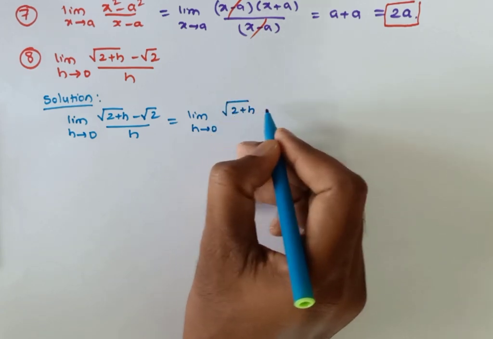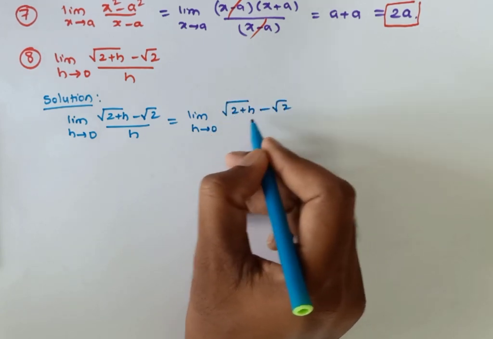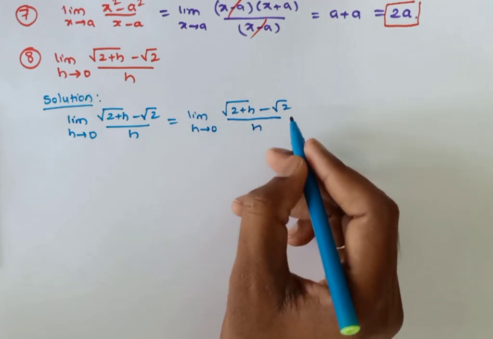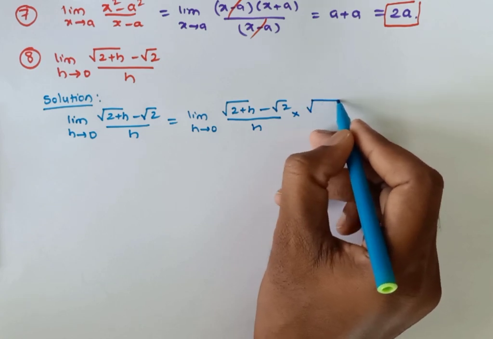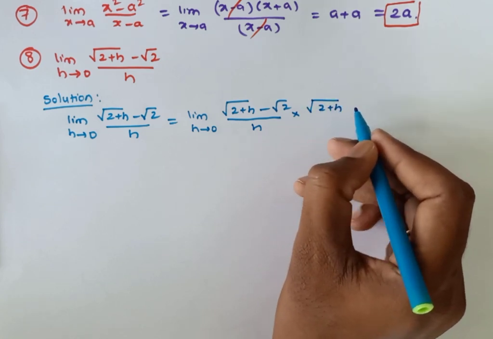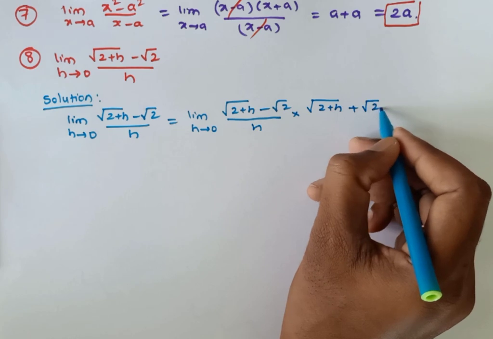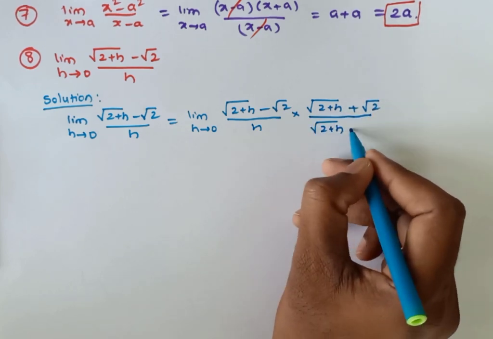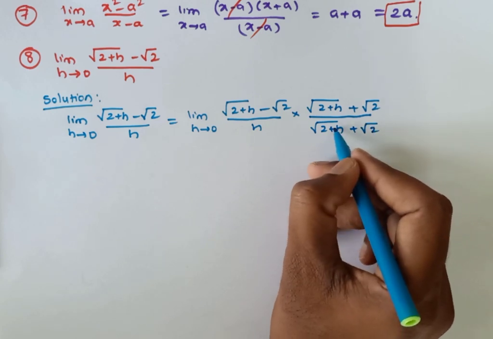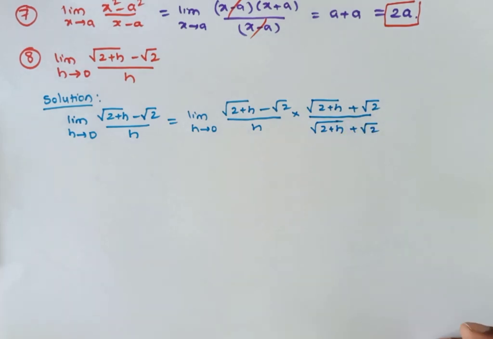Now rationalize the numerator: multiply and divide with the term root of 2 plus h plus root 2, divided by root of 2 plus h plus root 2. To get the common factor, you need to multiply and divide with this term.